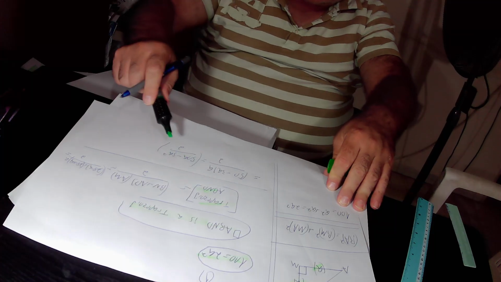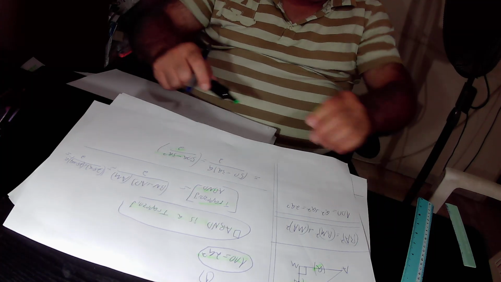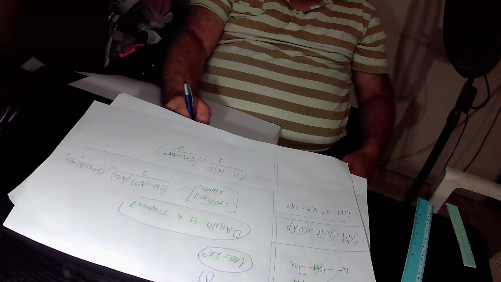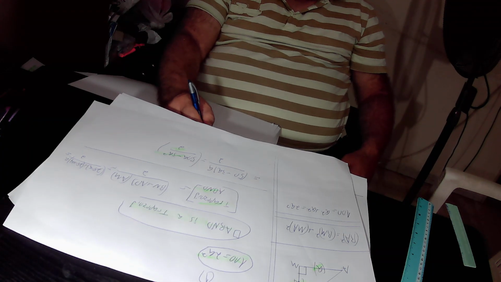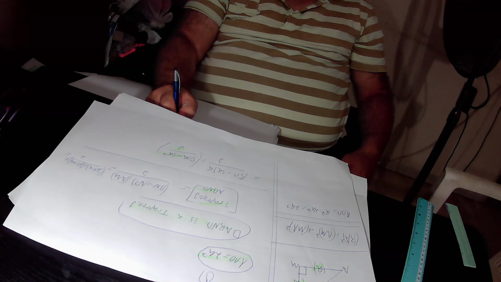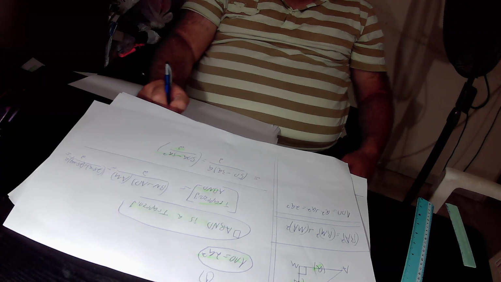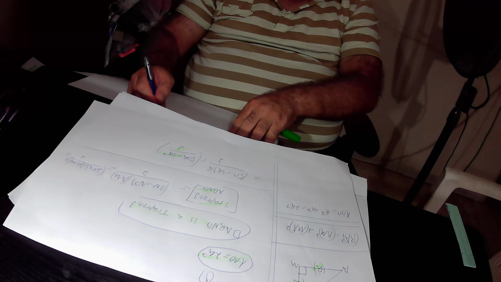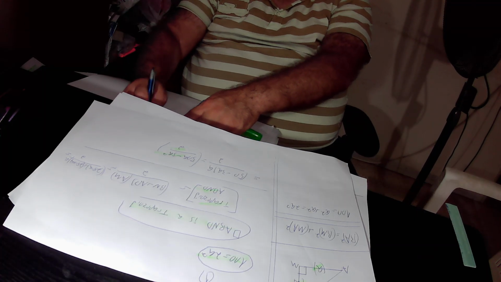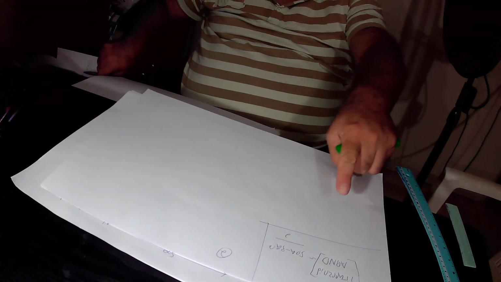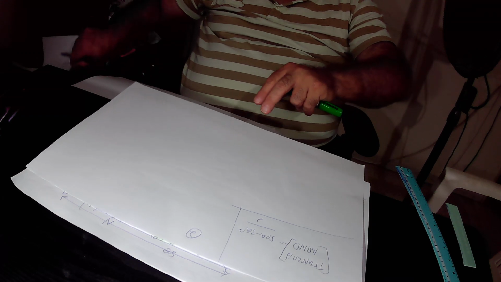And again, the area of trapezoid ABD equals 50A minus 3A squared over 2.